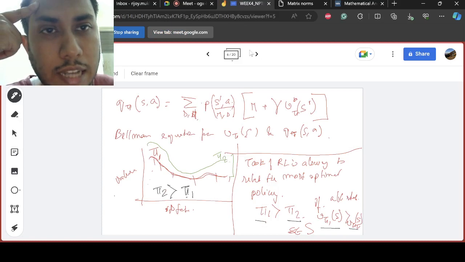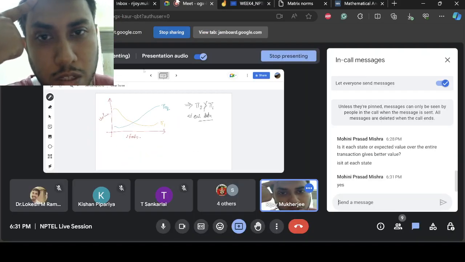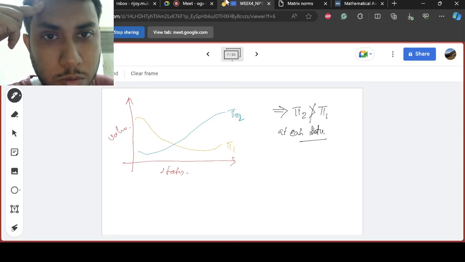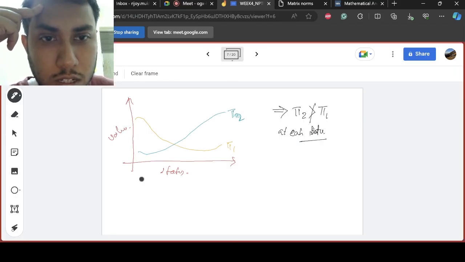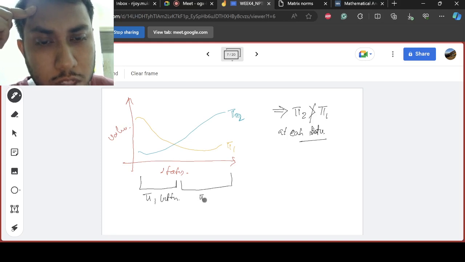Okay, so let's come back to the graph which I was drawing. Now you look at this, there are two policies. One policy is doing better. So policy pi 1 is doing better for these states, but for these states, pi 2 is better.